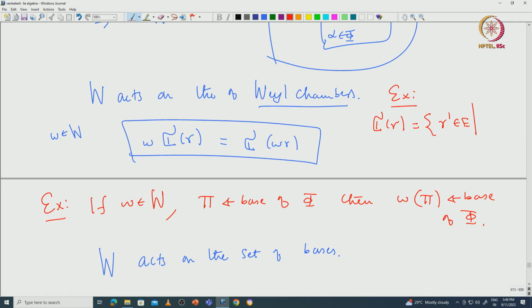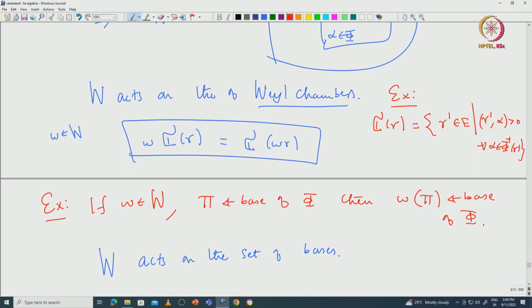But if you take an element coming from phi plus of gamma, you can see that gamma alpha must be positive. That means gamma and gamma dash must be on the positive side of P_alpha, where alpha comes from phi plus of gamma. That gives another definition of C(gamma): those gamma dash in E such that gamma dash alpha is positive for all alpha coming from phi plus of gamma.